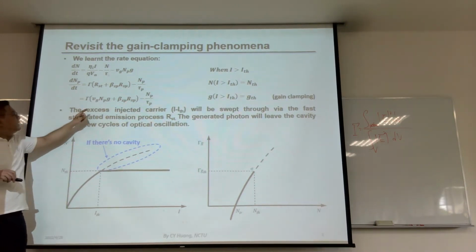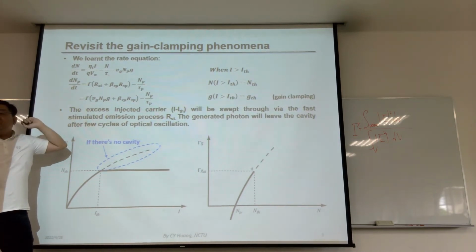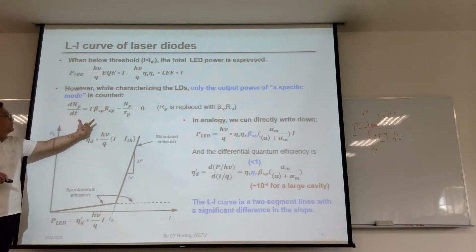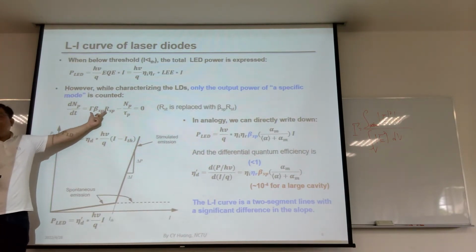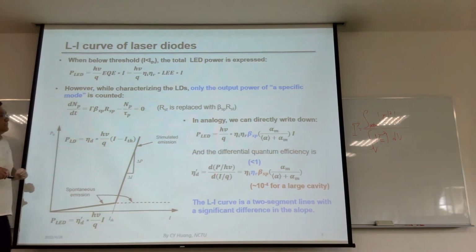But before lasing, we neglect the stimulated emission. So the whole term becomes this way. We just replace the gain with the spontaneous emission part, gamma beta SP times RSP.